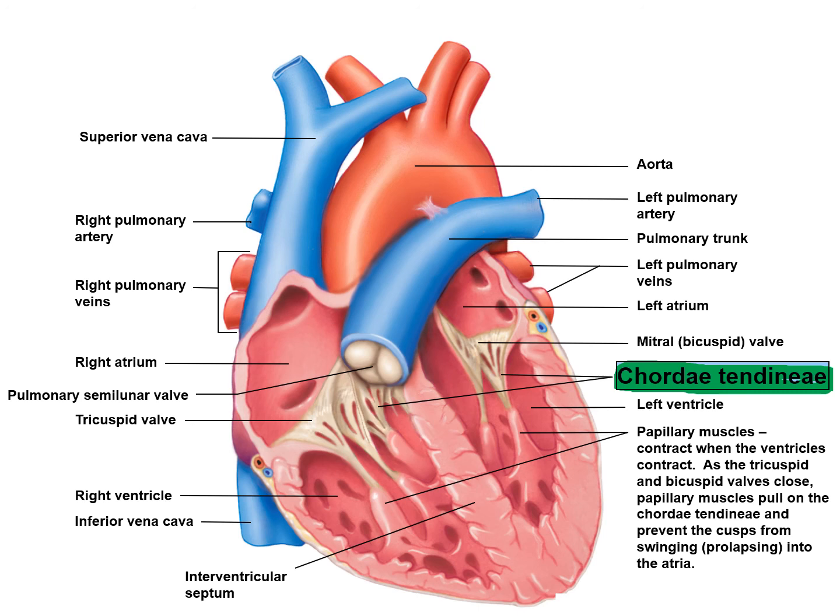And they're very thin, very strong fibrous cords. So I'm kind of tracing the chordae tendineae. They're coming off of the cusps of the valves, the AV valves.